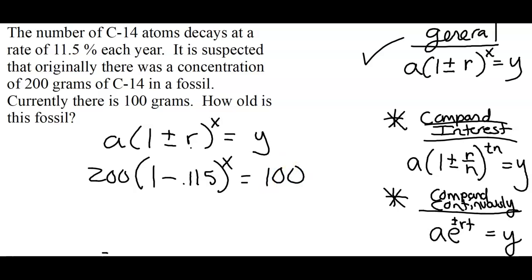Now, we got to subtract these, so that's going to be 200 times, I don't know, 88.885? Yeah, like that? All right. From there, same thing. What would we do? Divide by 200. Divide by 200, then we would log both sides, and we'd be home free.